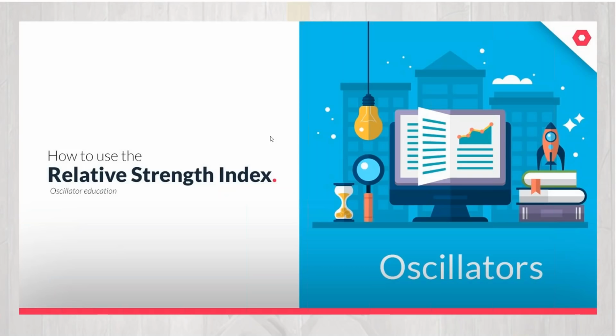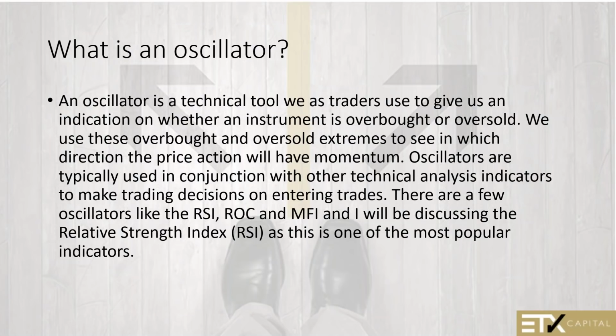So RSI falls into the area of an oscillator. So we have our whole field of technical analysis, and in this field of technical analysis, we have what's called technical indicators. And of these types of indicators, we have a certain group that are called oscillators. An oscillator is a technical tool we as traders use to give us indications of whether an instrument is overbought or oversold.